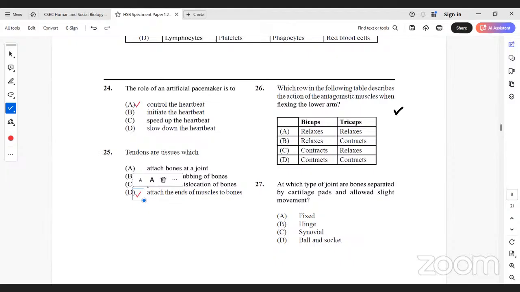In the exam, use your actual arm and bend it, and you will realize that the biceps will get shorter, means they contract, and the triceps will get longer, which means they relax. So 26, the answer is C.